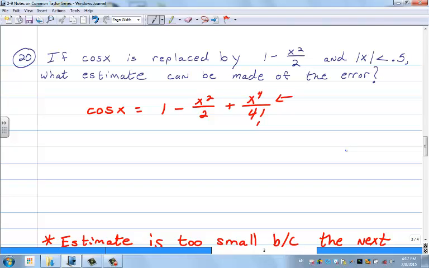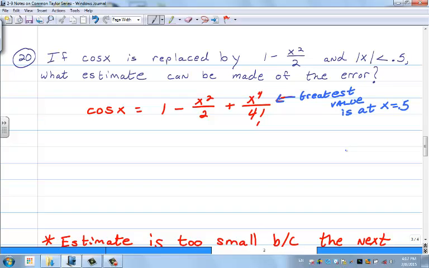What would be the maximum value of that next term between -0.5 and 0.5? Well, since x to the 4th is an increasing function, the maximum value would occur when x equals 0.5. So that's what we're going to write here, that the greatest value of this is at x equals 0.5.